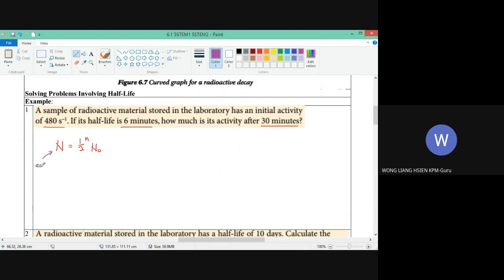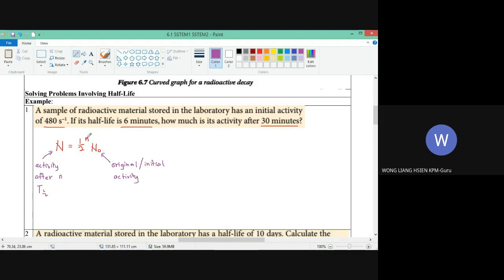This is the activity after n half-lives. This is the original or initial activity.